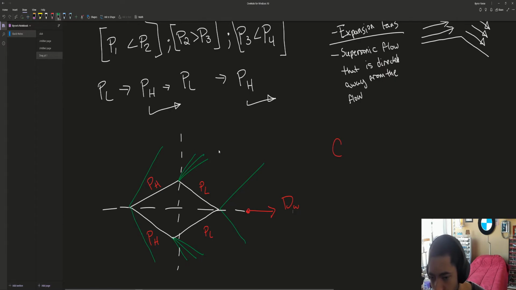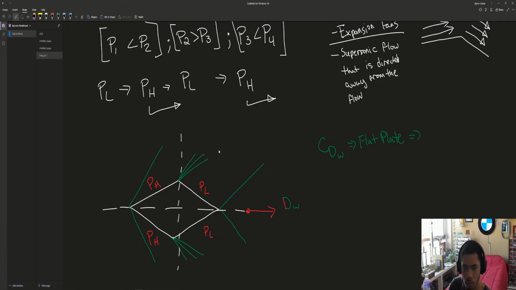So we have CdW, and this is going to equal, for a flat plate, four times the angle of attack divided by the root of M squared minus 1.